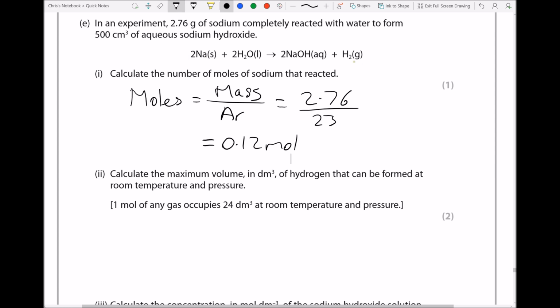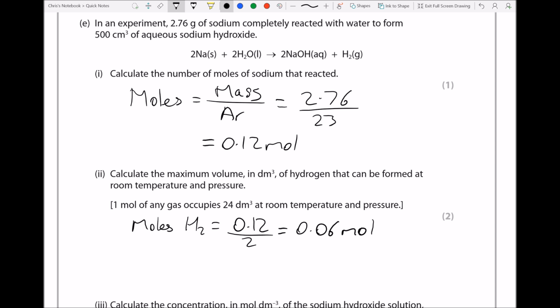Look, 2 moles of sodium, 1 mole of hydrogen. So the number of moles of hydrogen is going to be half that of sodium. So let's put that on there. Moles of hydrogen equals 0.12 divided by 2, and we should get 0.06 moles.